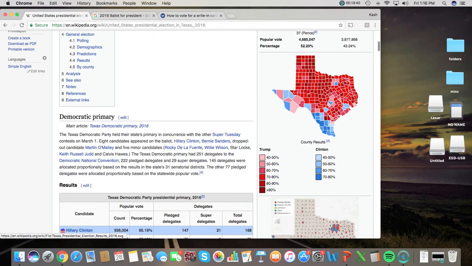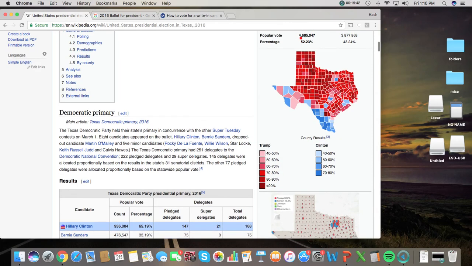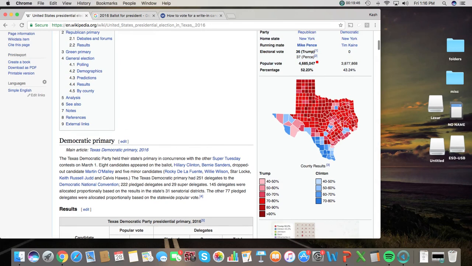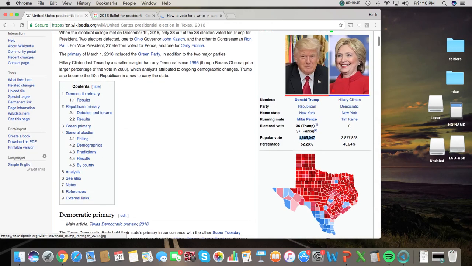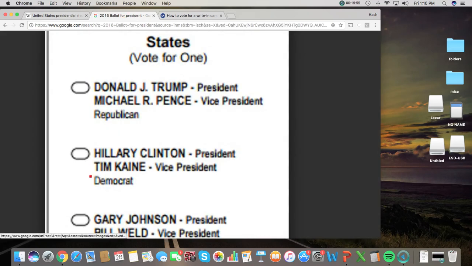On the left, we have 4.6 million who voted for Donald Trump, and you have 3.8 million who voted for Hillary Clinton. So we actually counted every single ballot. Every time somebody bubbled in, put it into that ballot box, we counted it.